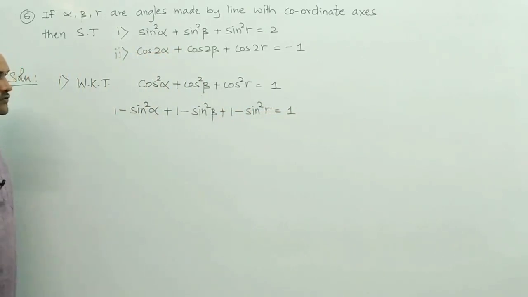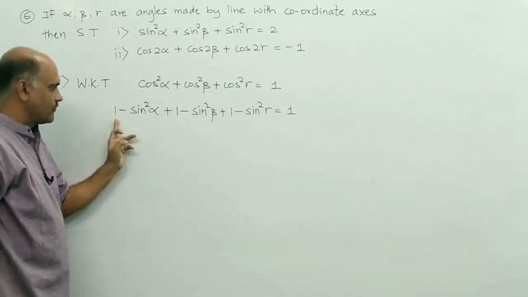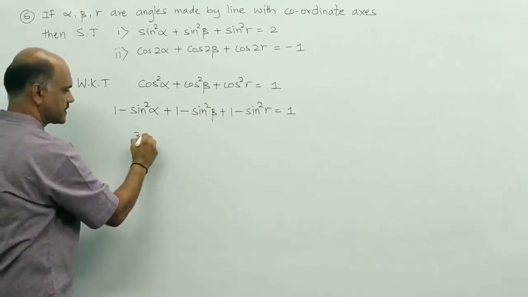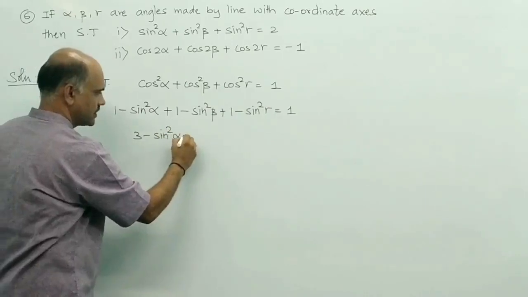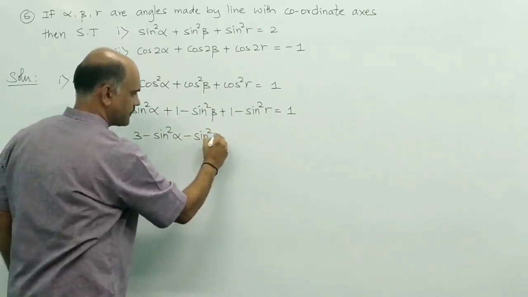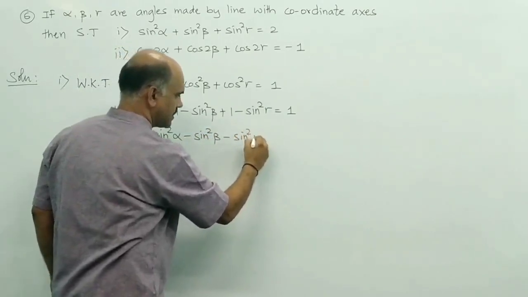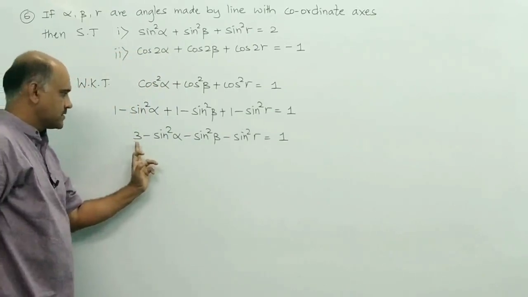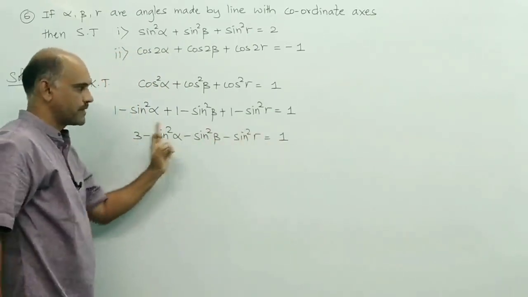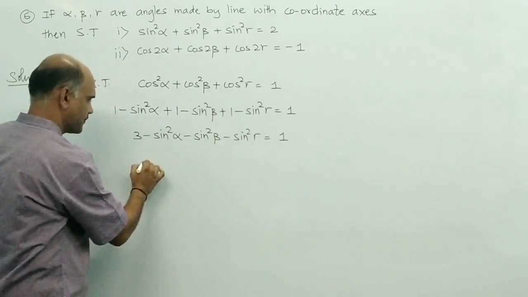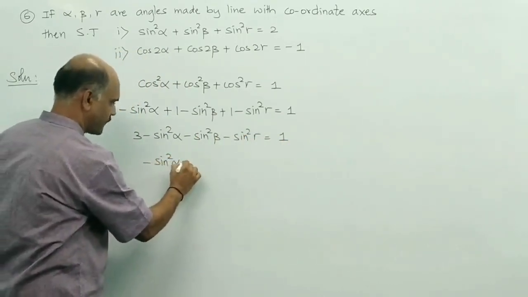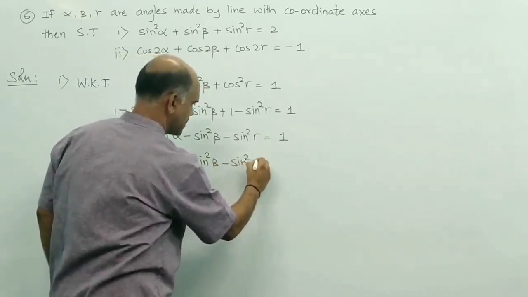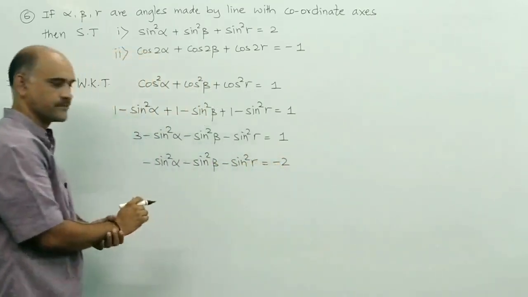Now if you add 1 plus 1 plus 1, that is 3, then these terms: minus sin square alpha minus sin square beta minus sin square gamma is equal to 1. So now we'll take 3 to the RHS, so you'll have minus 3. 1 minus 3 will be minus 2. So you'll have minus sin square alpha minus sin square beta minus sin square gamma is equal to minus 2.